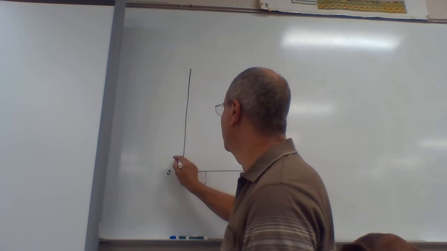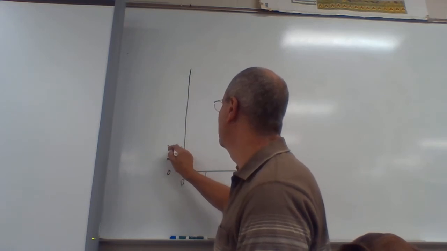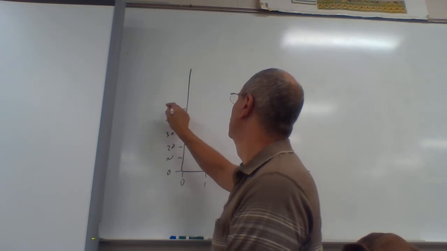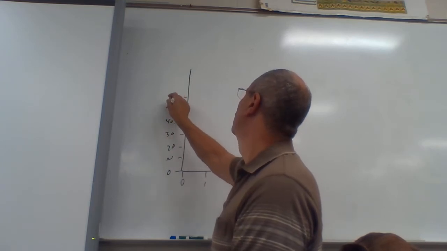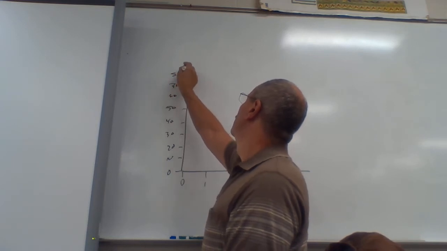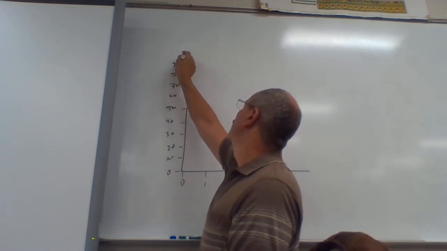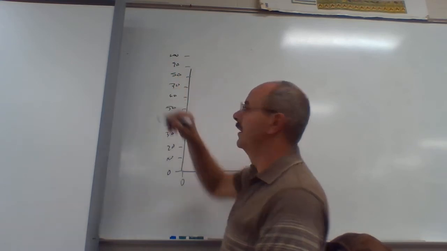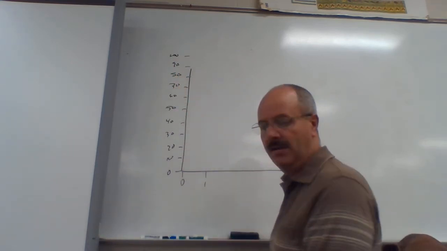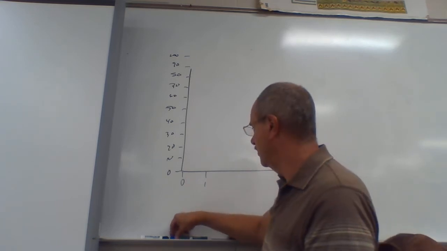So let's go up on this side and we'll put our scale. All right, that takes us all the way up to 100. Now if I were to put my points on here, we'll go blue.